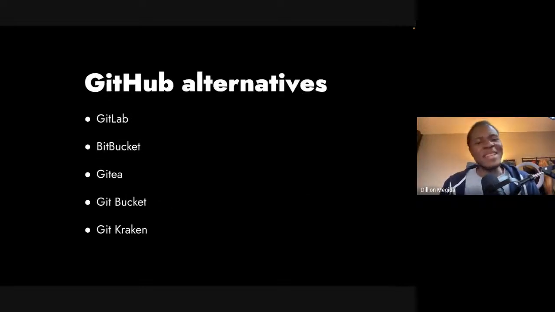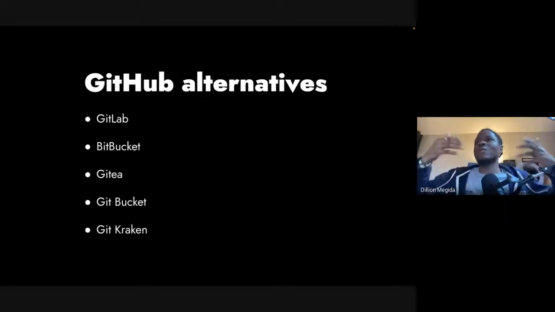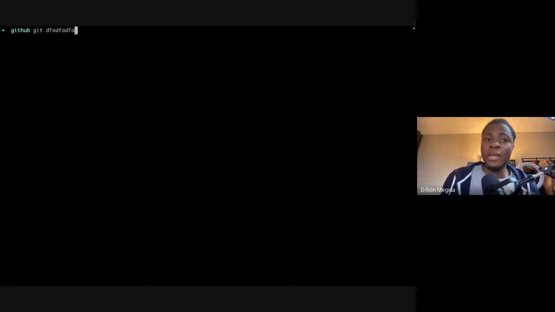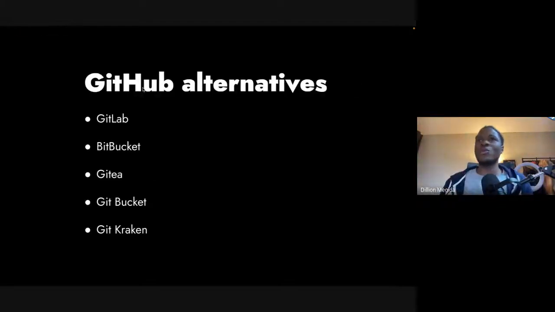This was supposed to be animated, but it didn't animate. But before I move into these GitHub alternatives, because Git is a tool, anybody can build their own tools around Git. For example, if I have a very good knowledge of Git, I can build my own GitHub. People can build different tools around Git. And remember I said Git involves a lot of terminal commands. So people have built different tools that allow you to use a very nice interface to perform Git operations.